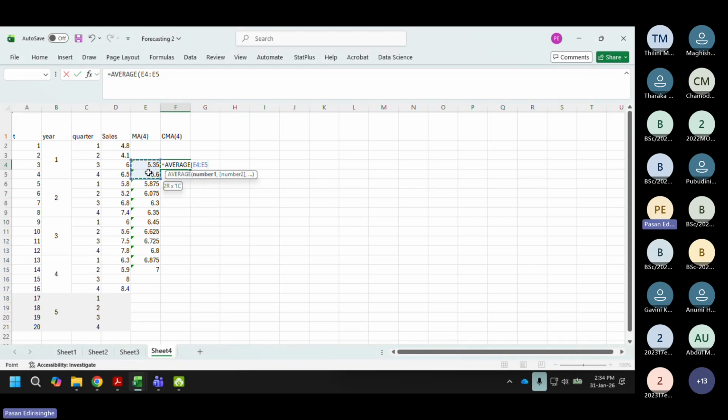Taking the average of these two, that number is the correct number representing the number 6 here. So now I can do this one here, and only up to here, because this is the average of these two.